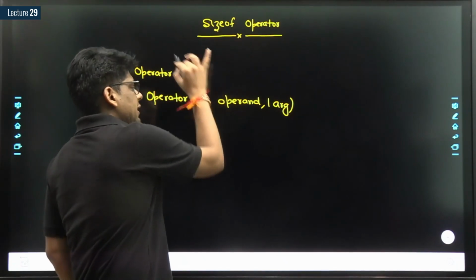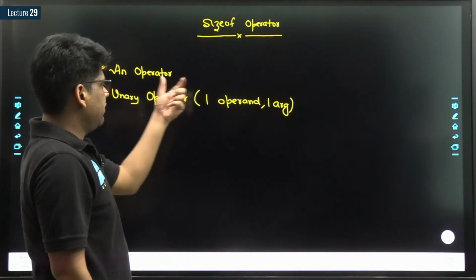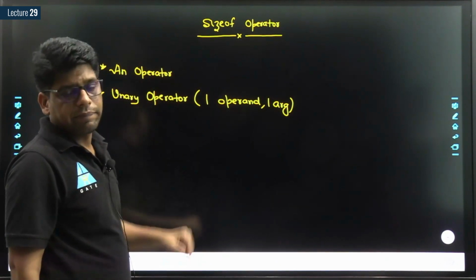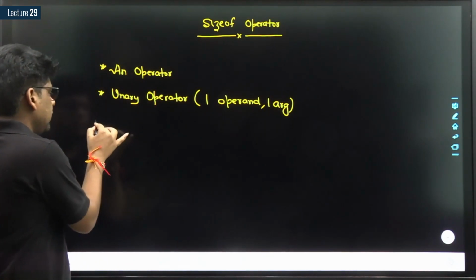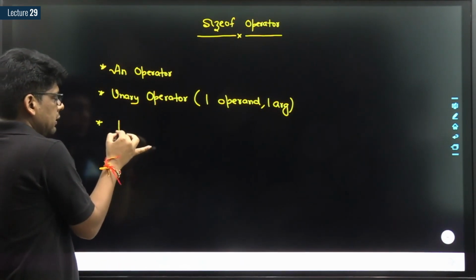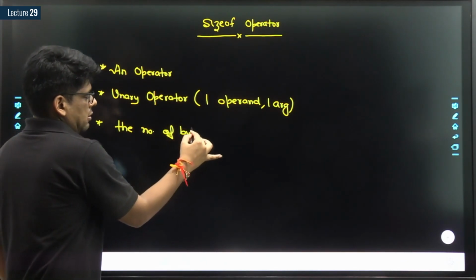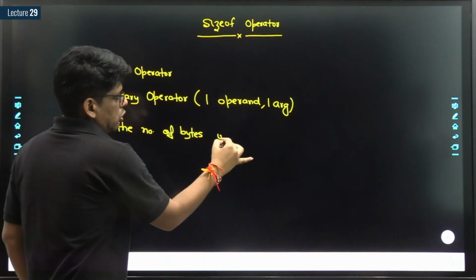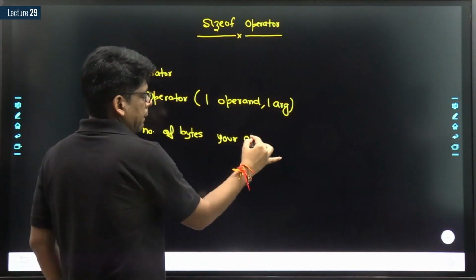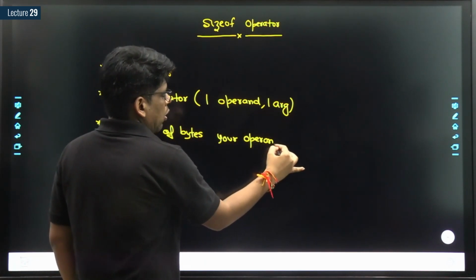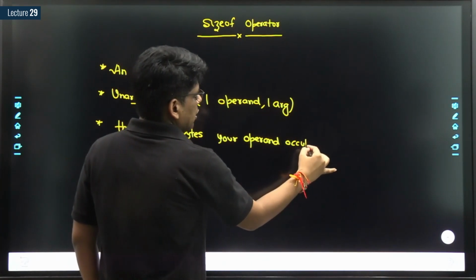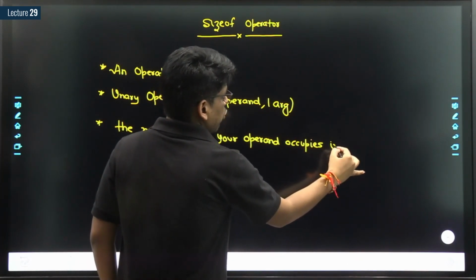Sir, what does it return? It will take one operand. What does it return? It will return the number of bytes your operand occupies in memory.